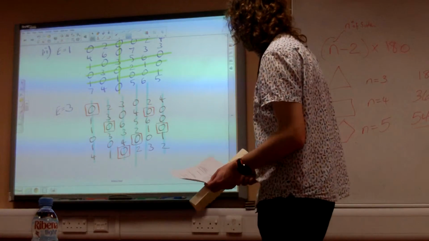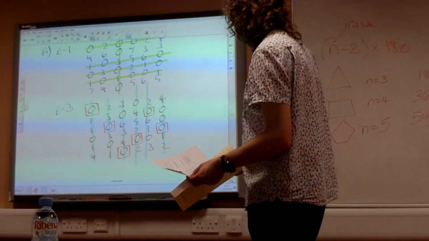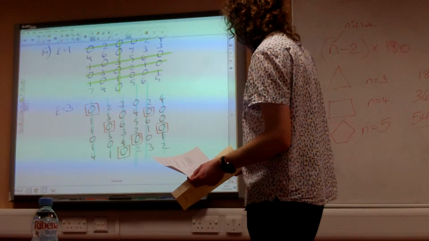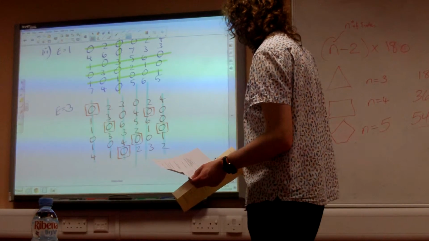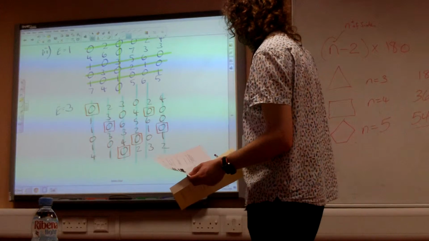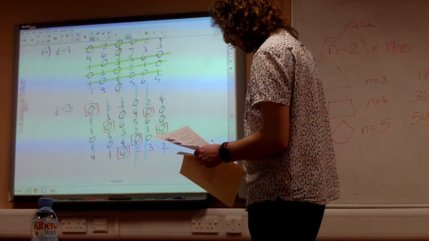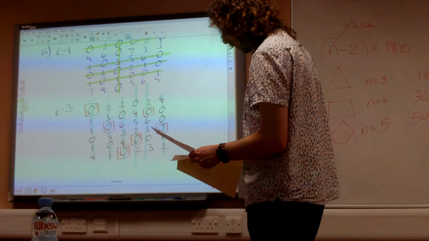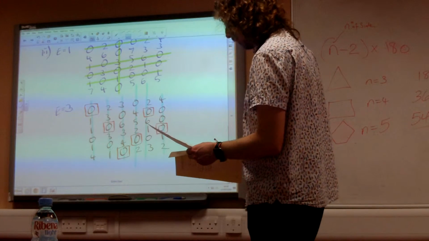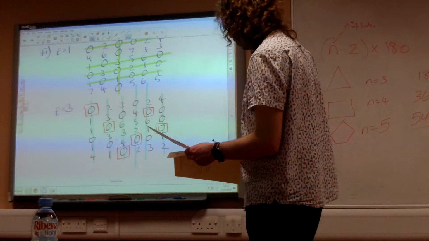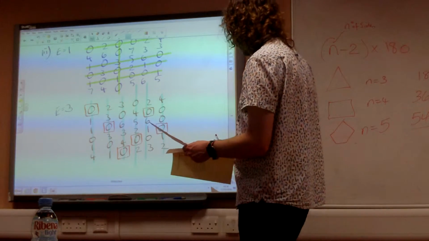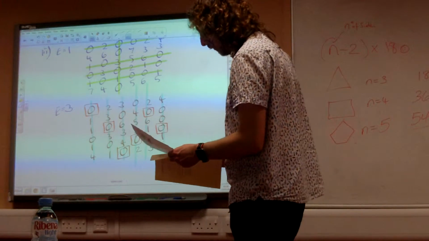Is that the only solution? Looks like it might be actually, doesn't it? Because we can't switch things around too much. No, it's not. I think maybe it is.